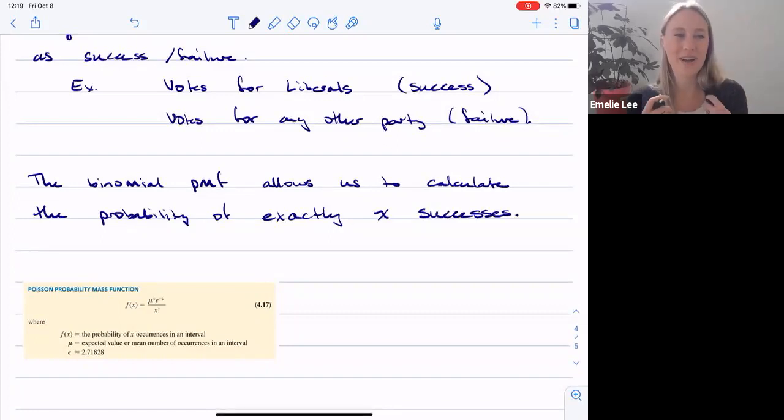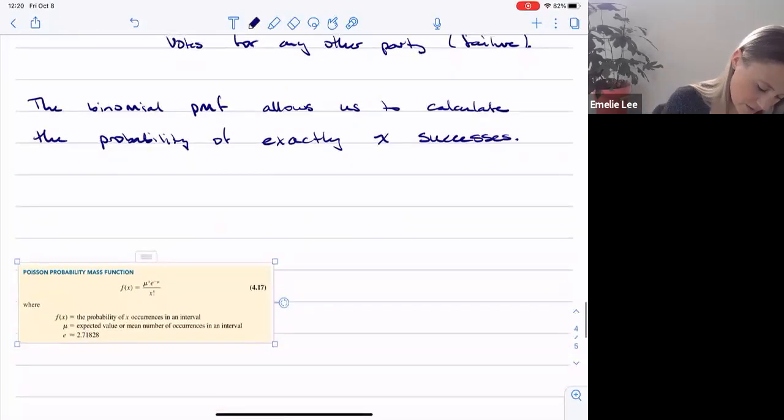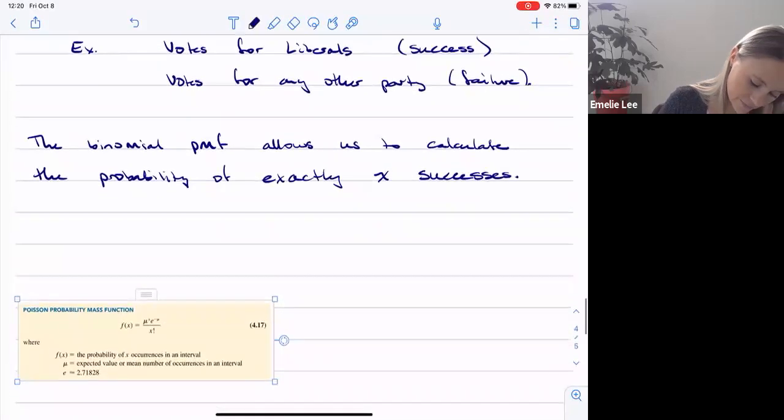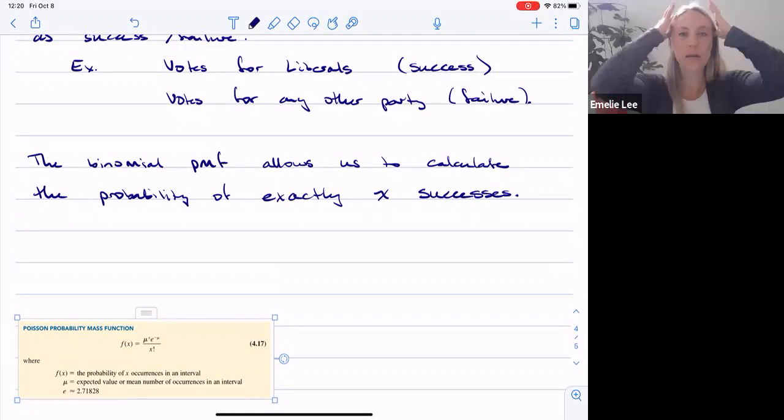If you would want the probability of being up to and including 3 successes, you'd have to do those individually. I'm not going to write that down because that's something that you've probably covered already.